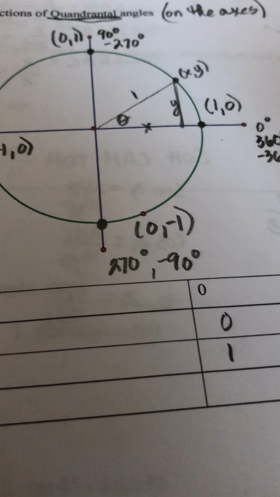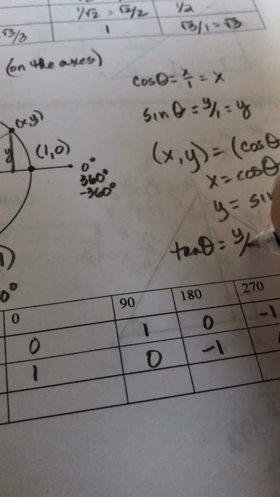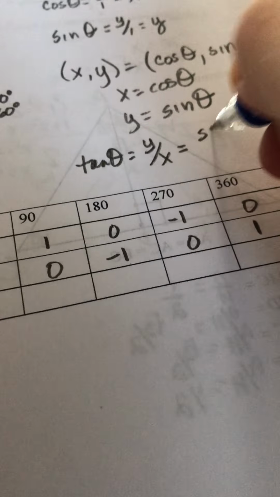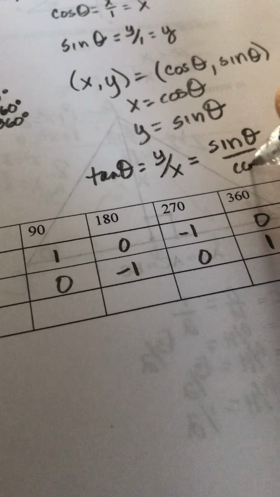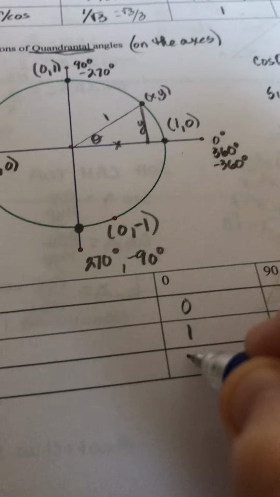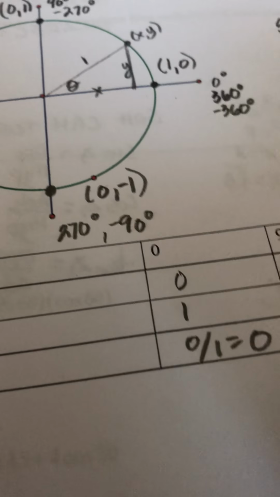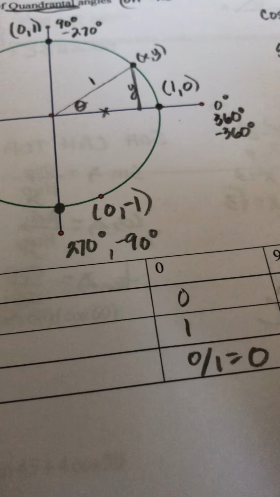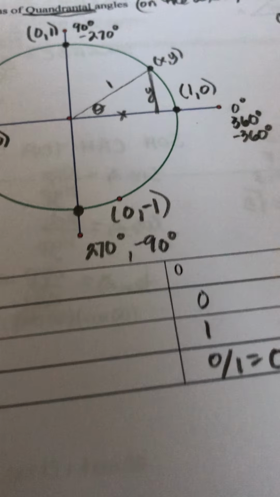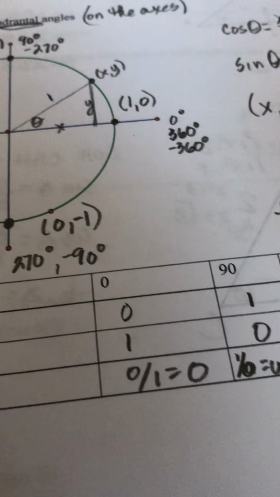And then if we remember, tan of theta is opposite over adjacent, which is y over x, which is sine theta over cosine theta. So now we can also do tan of our quadrantal angles. If we do sine over cosine, we have 0 over 1, which is 0. 1 over 0 is undefined. 0 over negative 1 is 0.